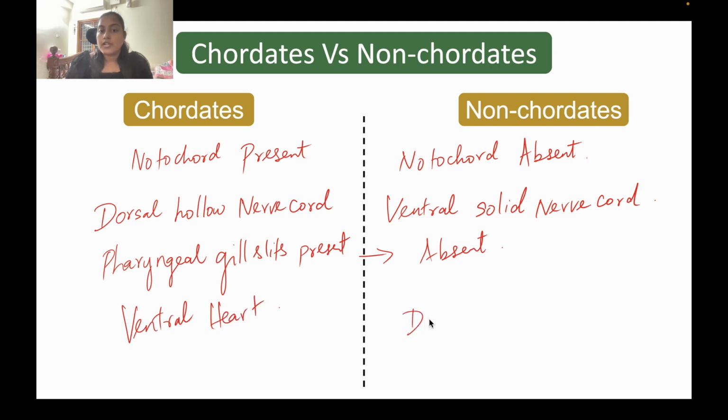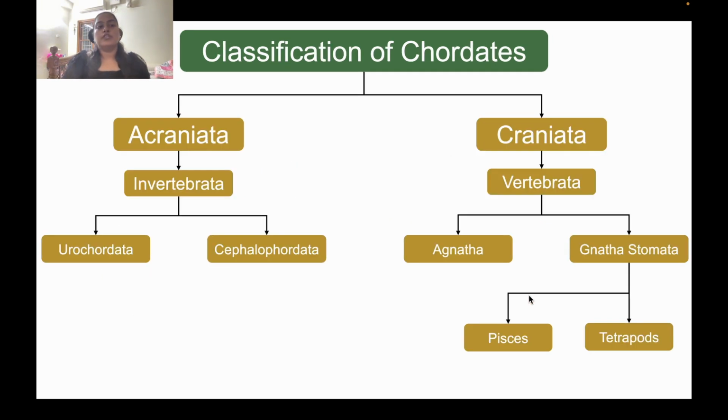Whereas in non-chordates, it's dorsal heart. These are the basic differences between a chordata and a non-chordata. Okay, note it down. Clear? Moving on to the flowcharts.